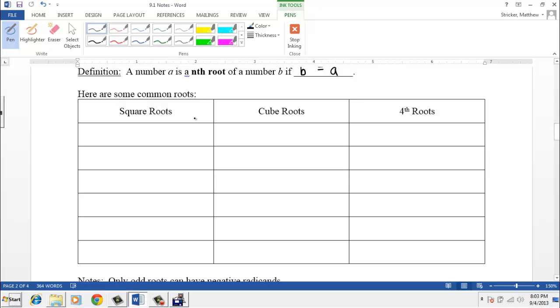If we have our square roots, our perfect squares are things like the square root of 1. We know that's equal to 1 because 1 squared is 1. Square root of 4 is 2. The next perfect square is 9, which is 3. The next perfect square is 16, which is 4.